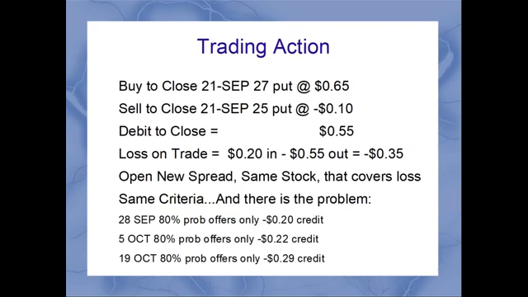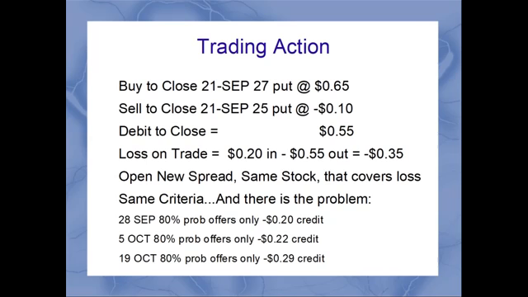So as we saw with adjustment 2, the liquidation cost me 55 cents to close this spread. I keep the 20 cents that was already deposited in my account when I opened the trade. I have a loss of 35 cents. Now I need to open a new spread on the same stock, and I want a 75 to 80% probability, but it needs to be a credit of greater than 35 cents.